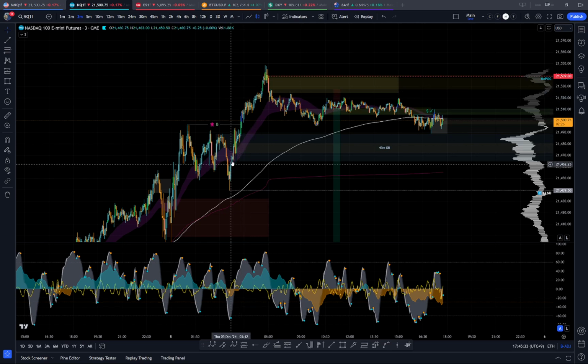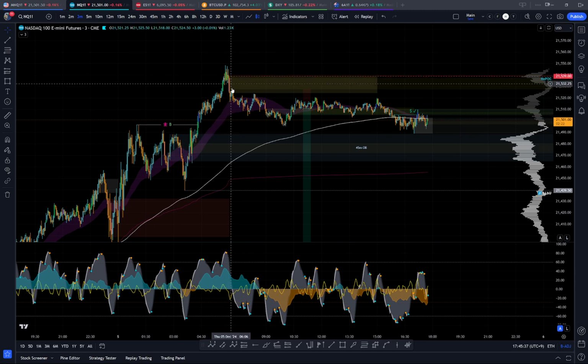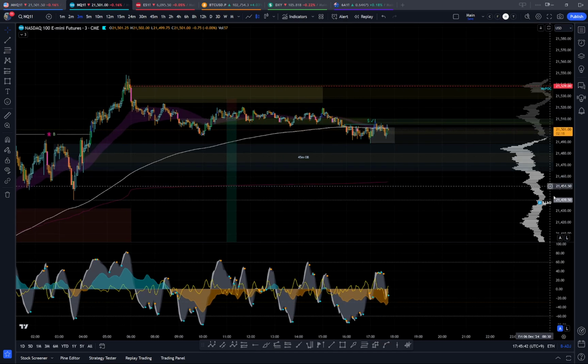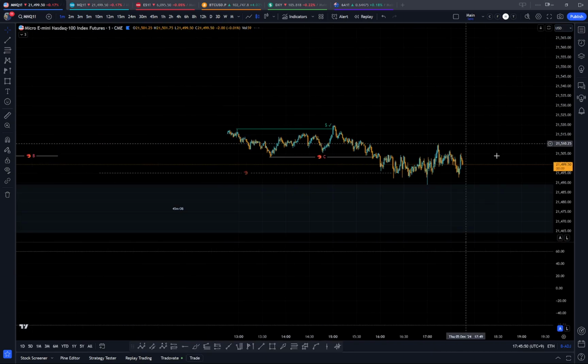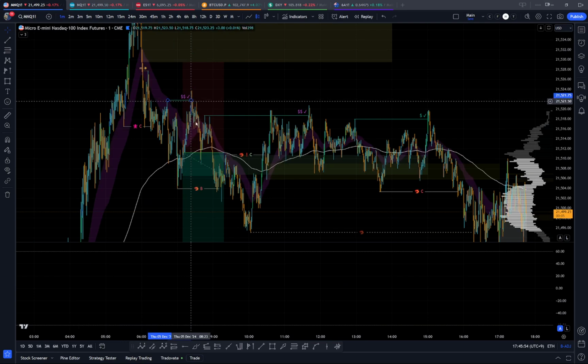Had this large push up, this break of structure. And then we opened today on a small downtrend from Asia at an interesting area. We mitigated this fair value gap here and started moving down. So I'm in a short from around here.